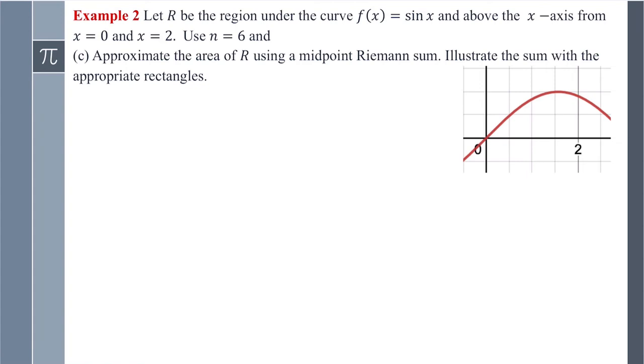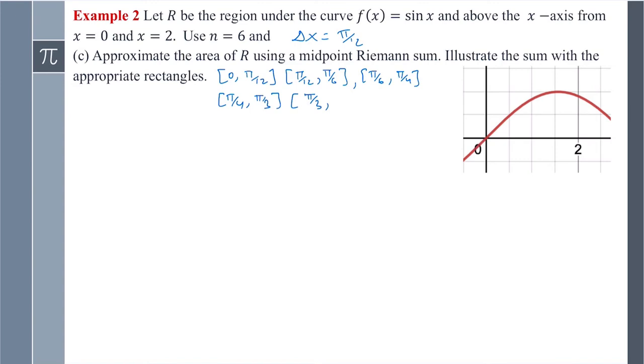Now let's use the midpoint. Now for the midpoints, delta x is again pi over 12. So our intervals were, if you remember, 0 to pi over 12, and then pi over 12 to pi over 6, then pi over 6 to pi over 4, and then pi over 4 to pi over 3, then pi over 3 to 5 pi over 12, and then 5 pi over 12 to pi over 2.